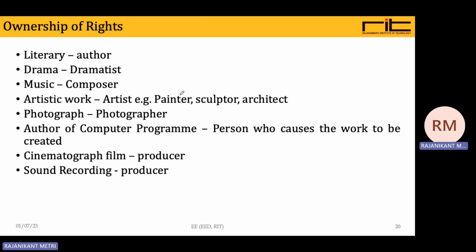Author of computer program, the person who causes the work to be created, the person who has created that particular program, not the modified. Then producer, that is related with the cinematographic film. He is also responsible or owner of the sound recording. So these are the ownership of rights to individuals in the copyright work.